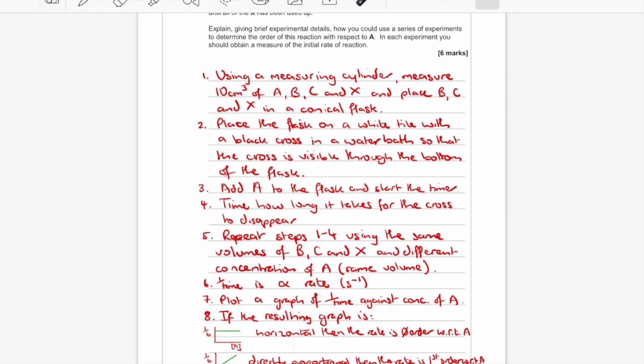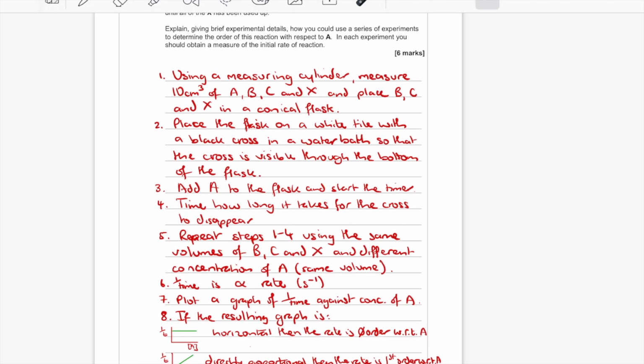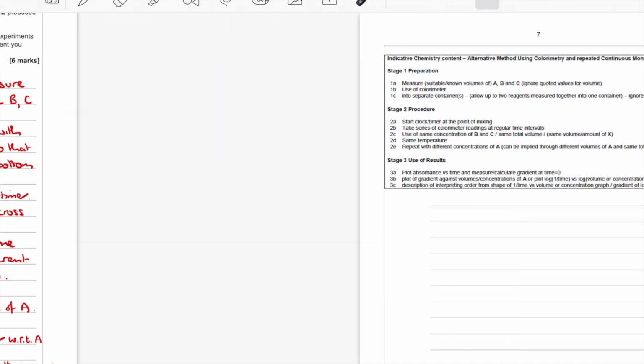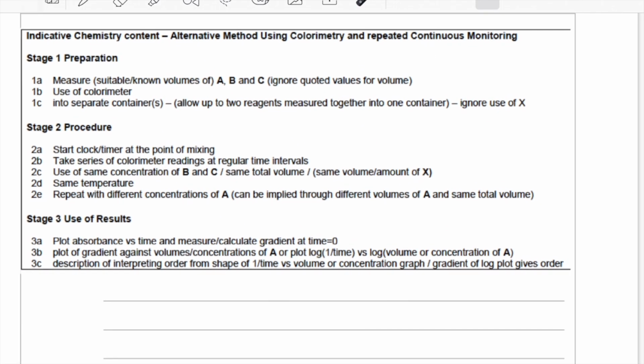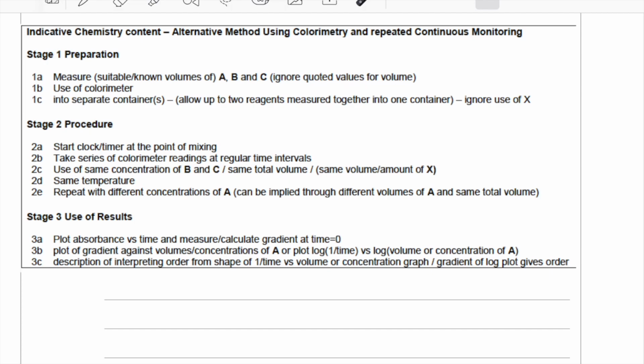The way you could have done it here, and it's not a bad method to know generally speaking, is to use colorimetry. You can see that this is labeled in that stage 1, stage 2, stage 3 method. It is continuous monitoring, or the continuous method. It has very strong similarities.